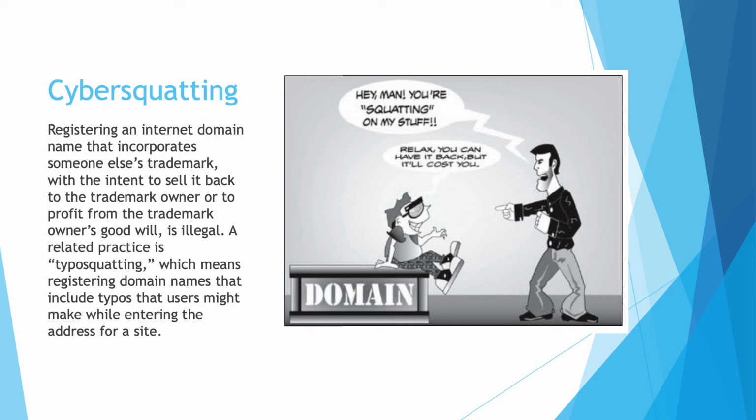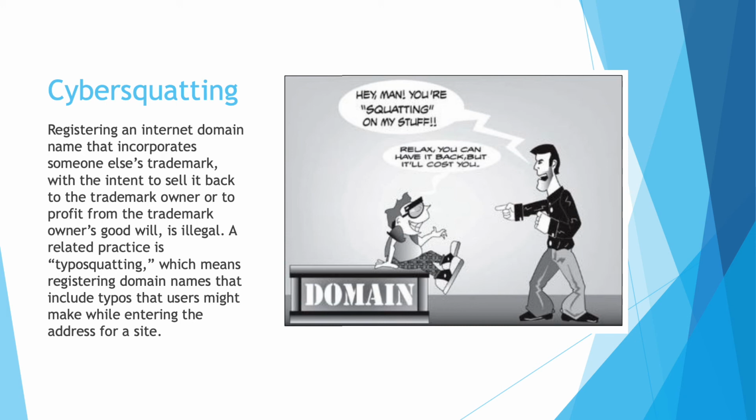We previously have discussed cyber squatting, but something I found amusing was this idea of typo squatting. Basically, this means registering a domain name that includes typos that users might commonly make when they're typing in the name of a website and taking them to a website that looks like an official website but is not necessarily the official website.